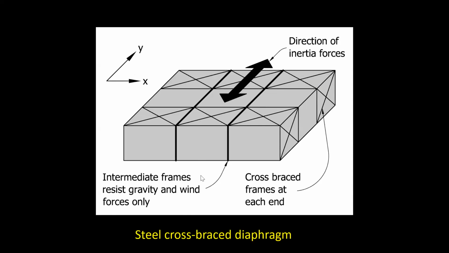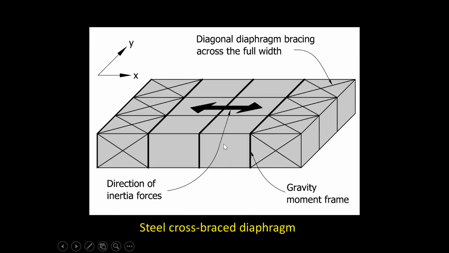Like in the X direction, we go to the next slide. So in the X direction, for shaking along the building, we need to provide a diaphragm, a roof diaphragm. And in this case, I provided two horizontal trusses.